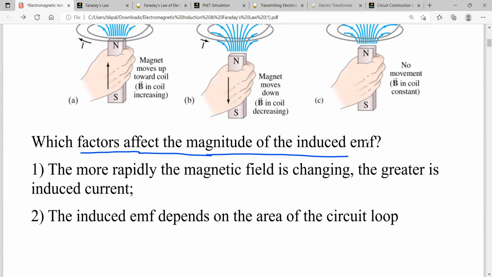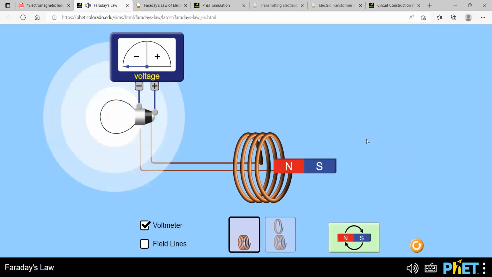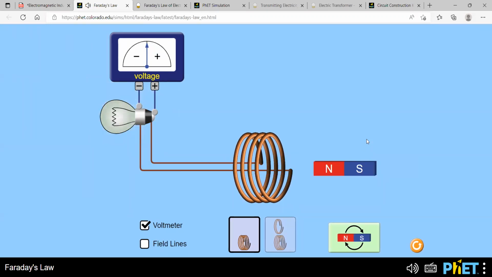If you move the magnet rapidly, the induced EMF will be large. Here you can see that if the speed is small, the induced EMF is also small. If it is quick, then the EMF is also large.